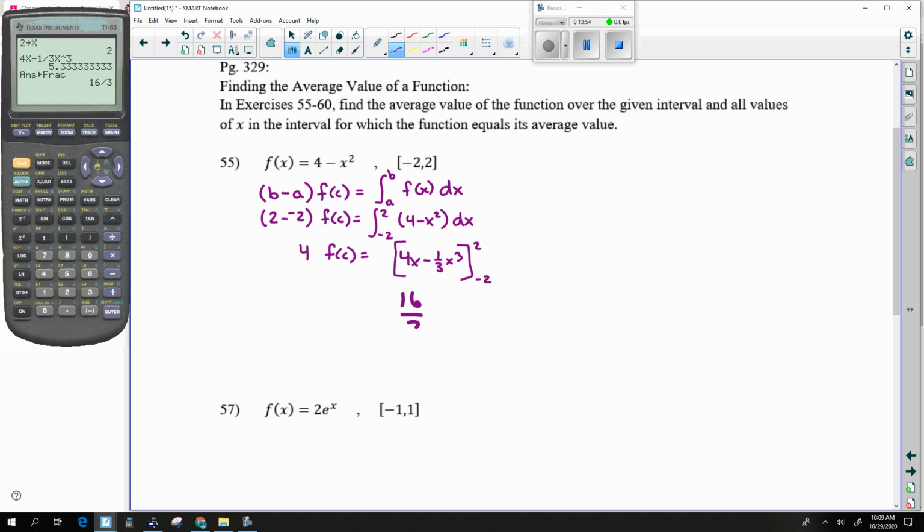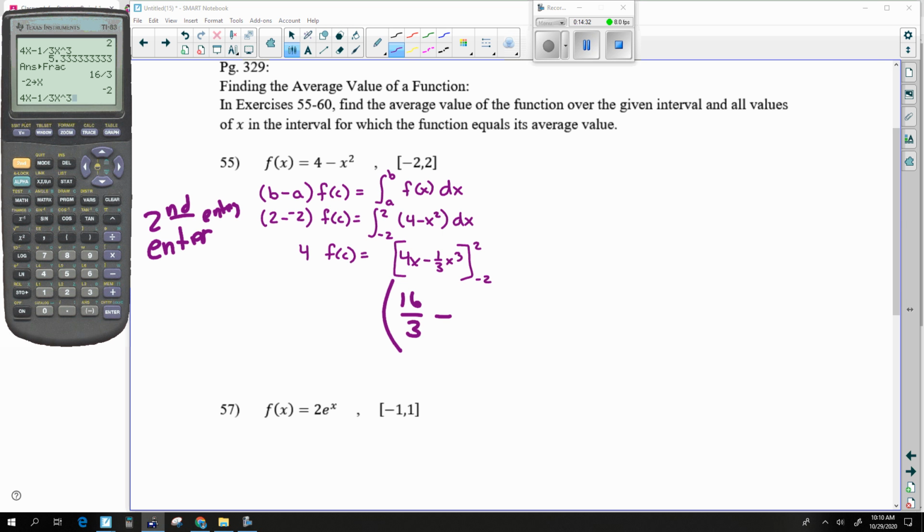So 16/3 minus, and then I repeat that process. So I go -2, store x. And again, how I walk backwards in my calculator is I hit second, enter. That walks it back, and I hit it again and again until I come up with the equation that I originally used.